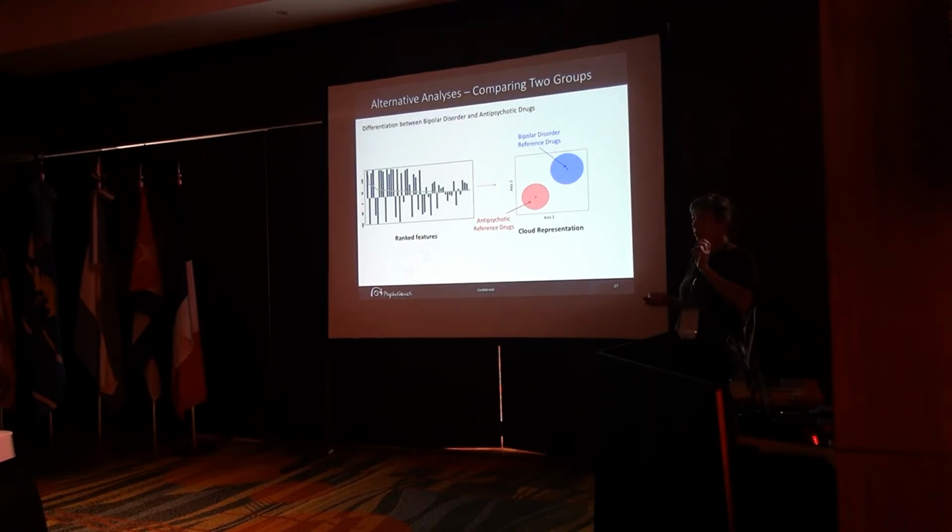Then we train a classifier to separate these as much as possible, and then we can drop something in the middle and see where it goes. So we took that drug that was tested as an antipsychotic, and we asked, is it possible that it could also treat bipolar? When we drop it there, it actually landed on the bipolar cloud, not on the antipsychotic cloud. So maybe we should do a different clinical trial and look for bipolar disorder.